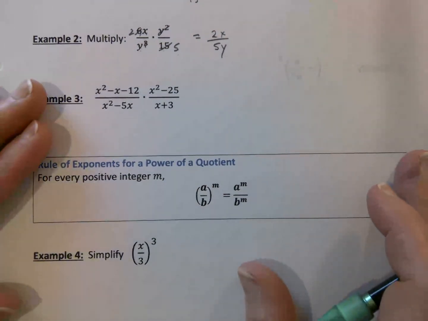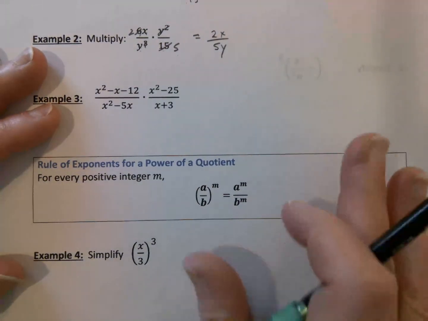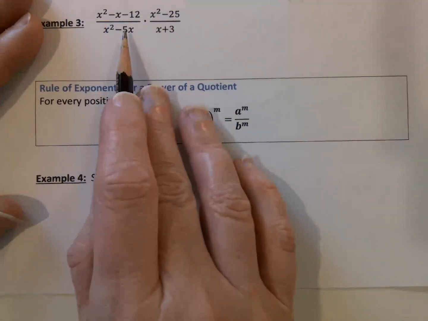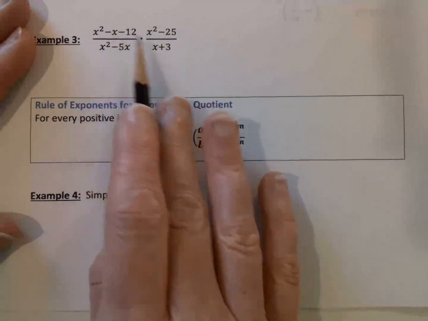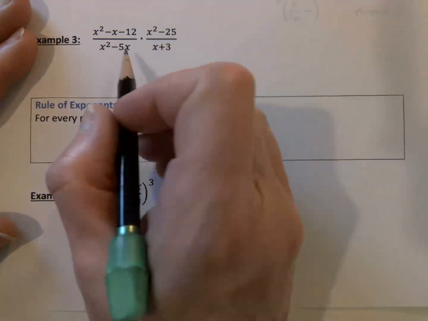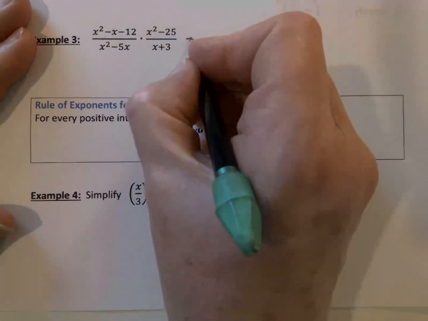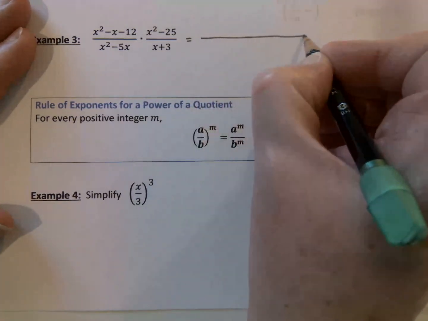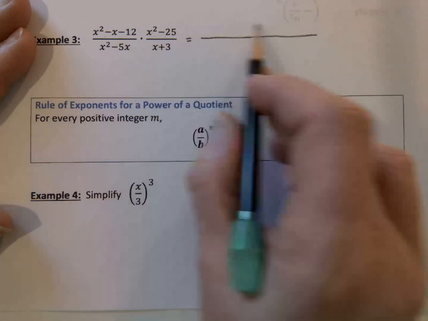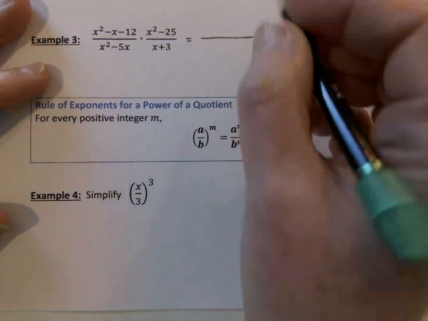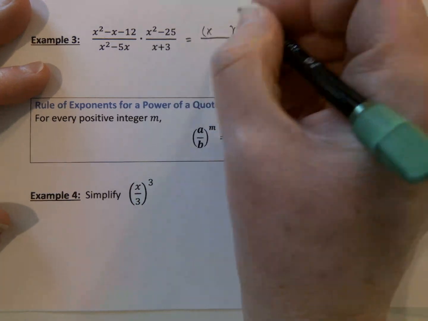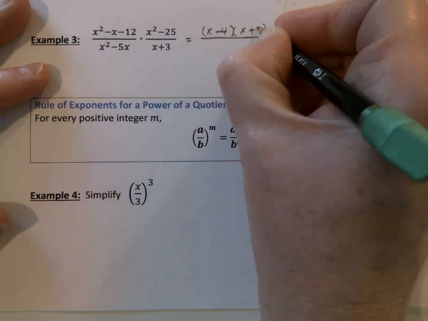Okay, example 3. Here's where it starts to get really fun. In order to multiply these, I have to simplify first. And the way we simplify is we cancel out common factors, which tells me that I need to factor these first. So let's factor the first one. I'm just going to make one big fraction because I'm multiplying, so all the factors are going to go on the top and the bottom. This would be x minus 4 and plus 3.